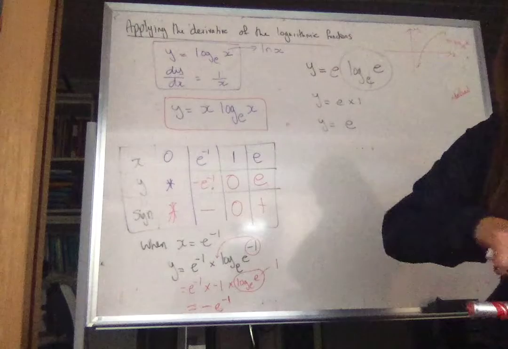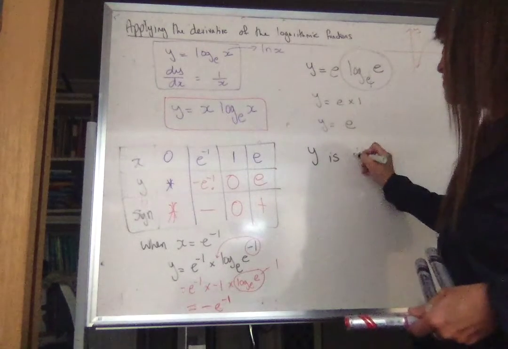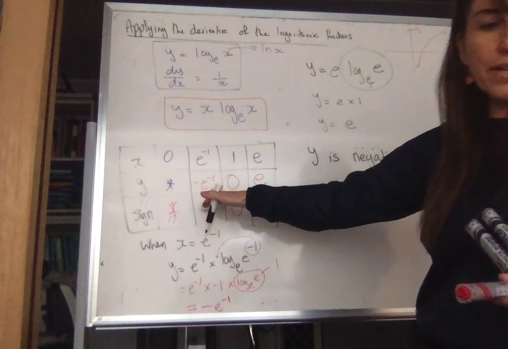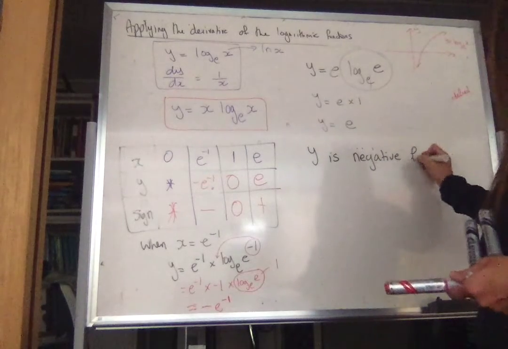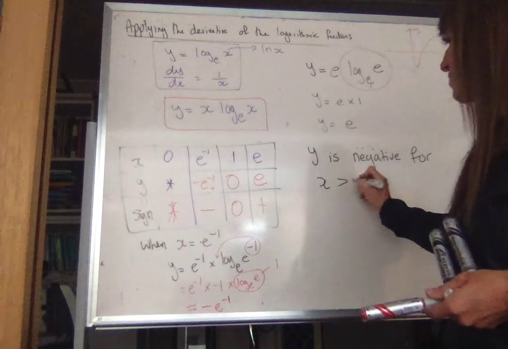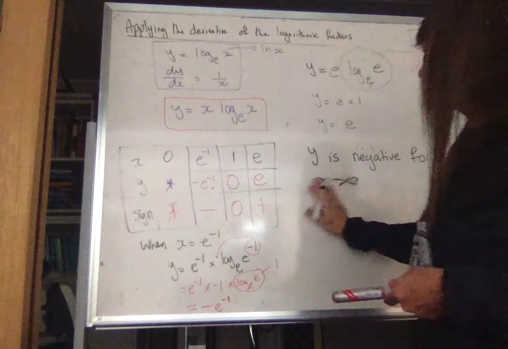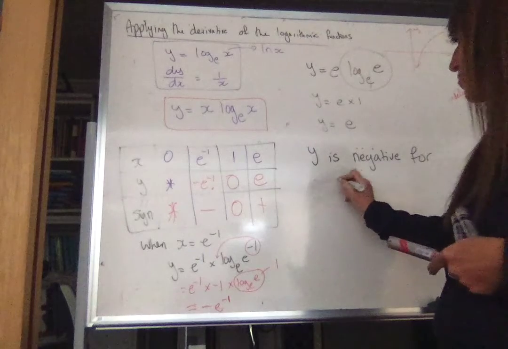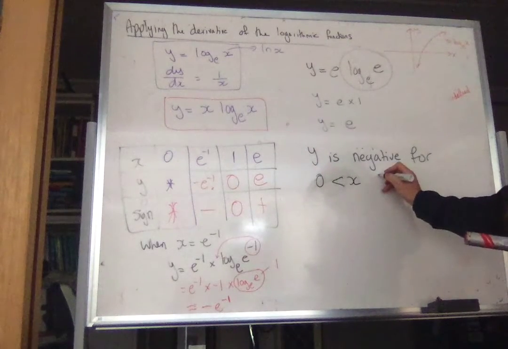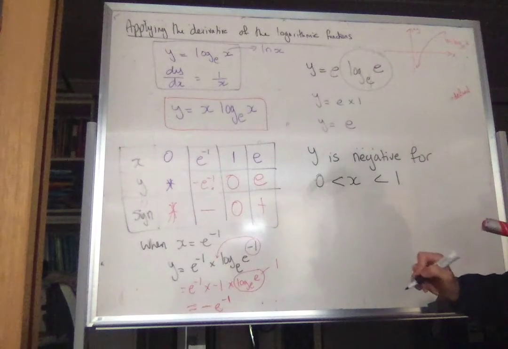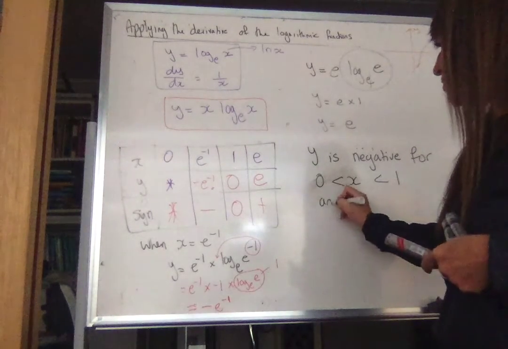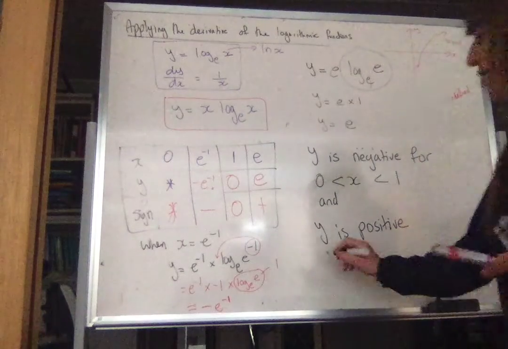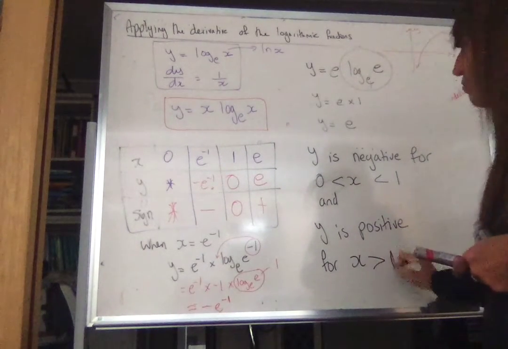It's telling us that y is negative when x is greater than 0 but less than 1, and y is positive for x greater than 1.